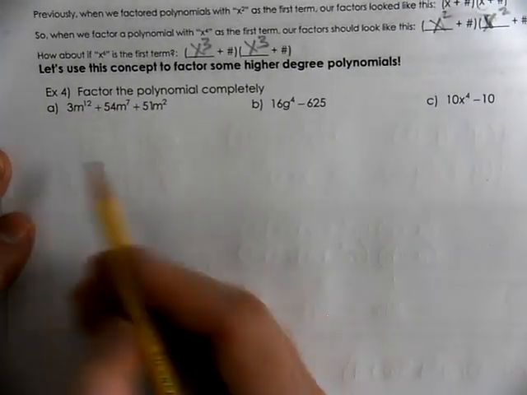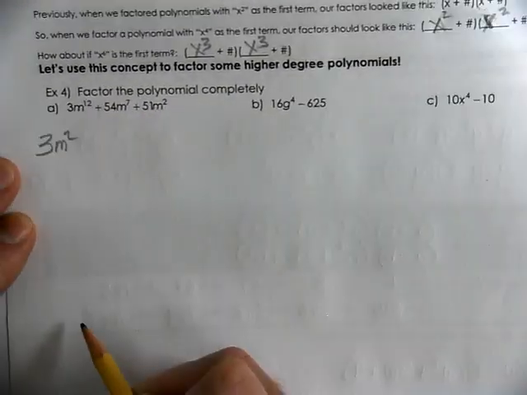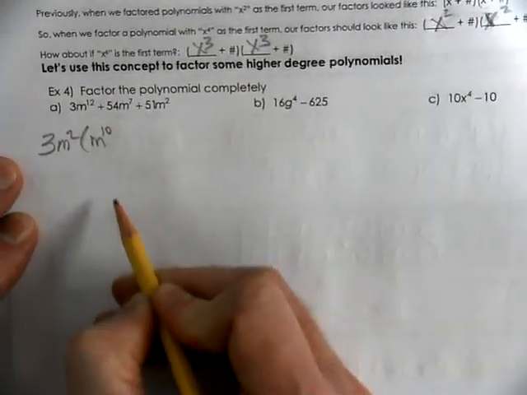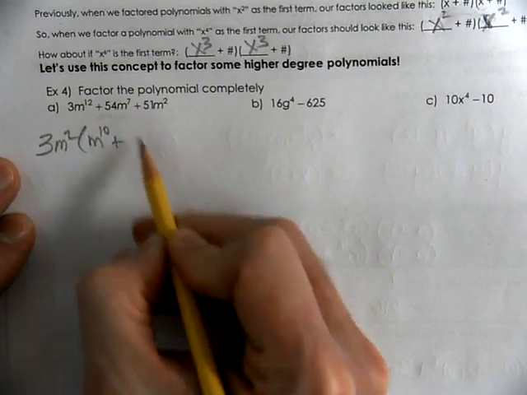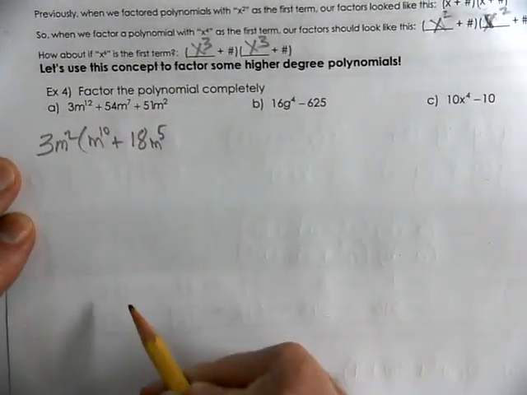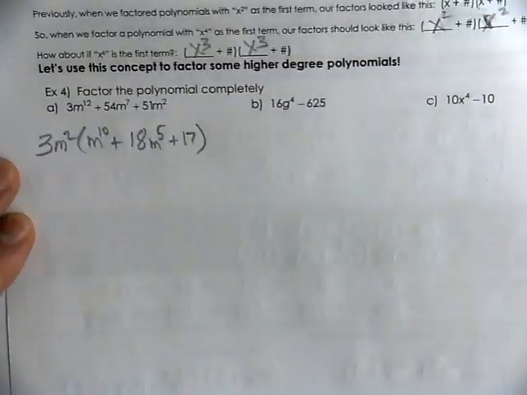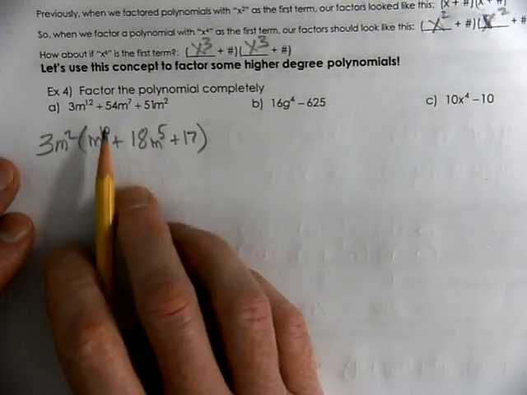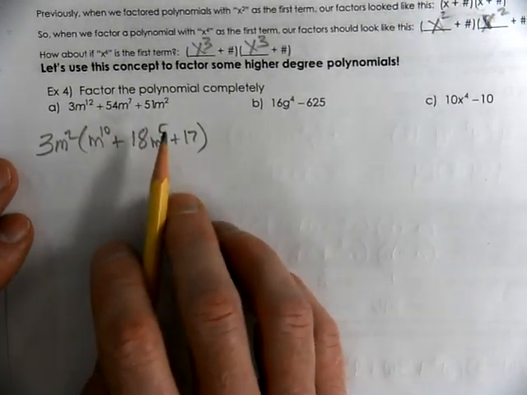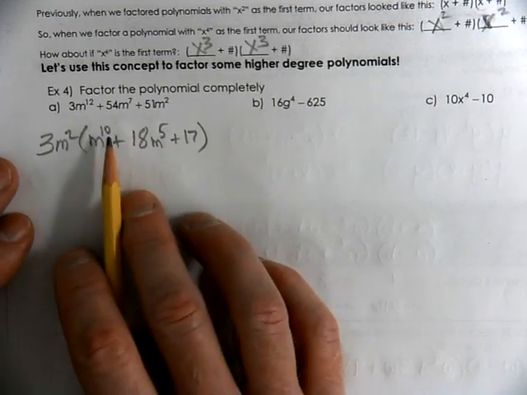So first thing we look at is, do we have a GCF? So that leaves us with m to the 10th power plus 18m to the 5th power plus 17. Notice how this is 10 and this is 5. This exponent is half.